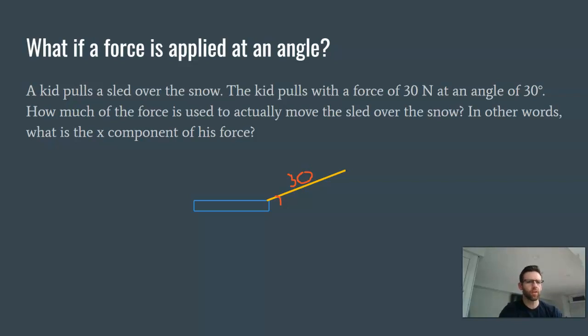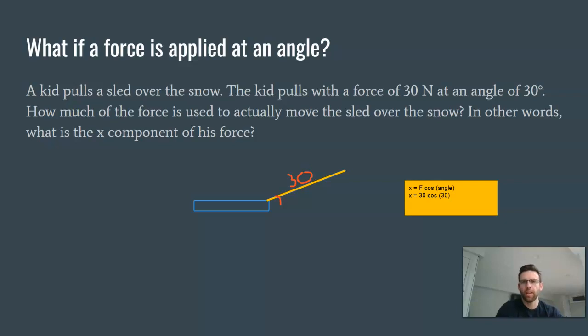So now we can do a little bit of math here, and we can find what is the x component of that force. So from the previous slide, we said that the x component is equal to force times cosine of your angle. So for us, we would say x is equal to 30 cosine 30.